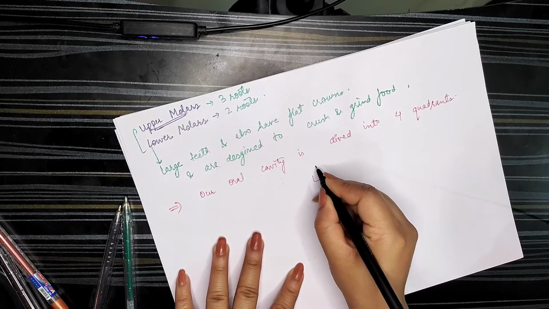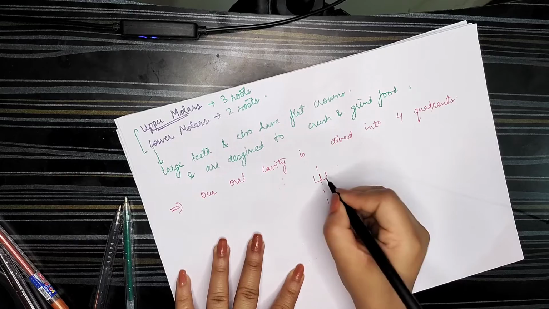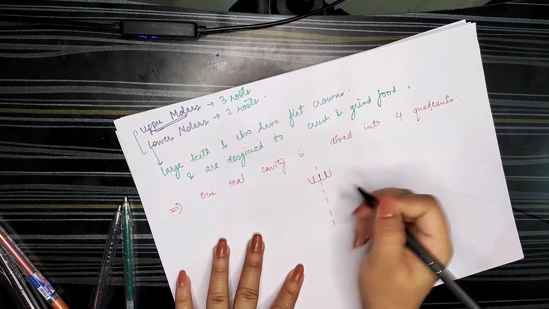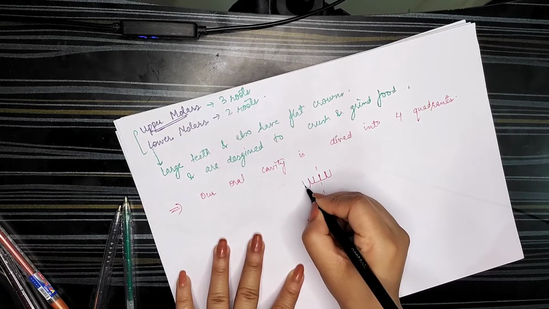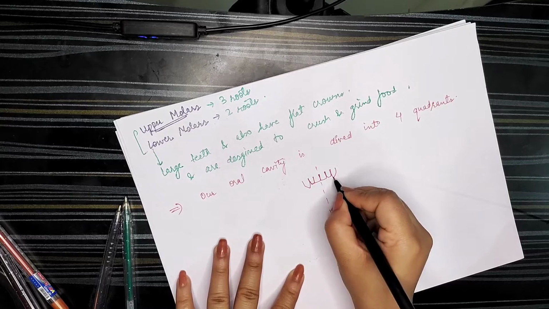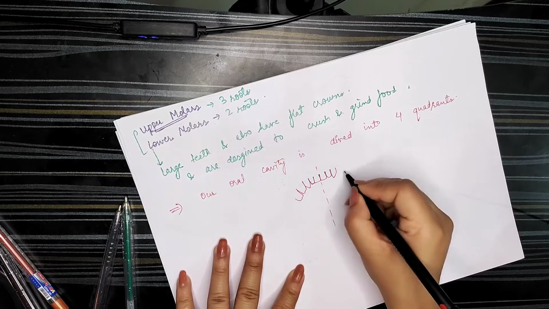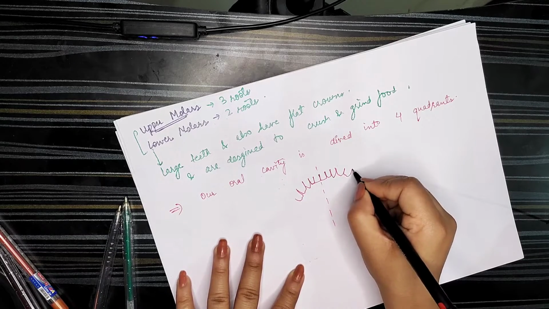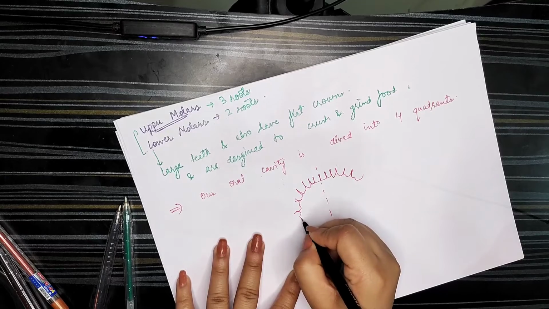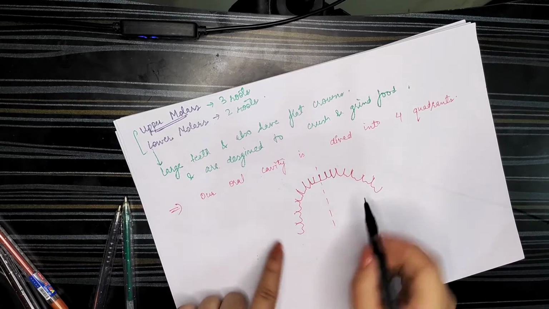It consists of 2 central incisors, 2 lateral incisors, 2 canines, as they have a pointed cusp, 4 premolars, and 6 molars. Okay, this is the maxilla.